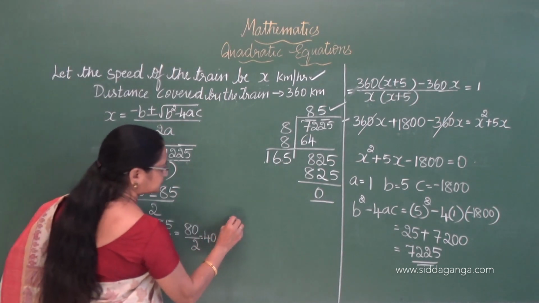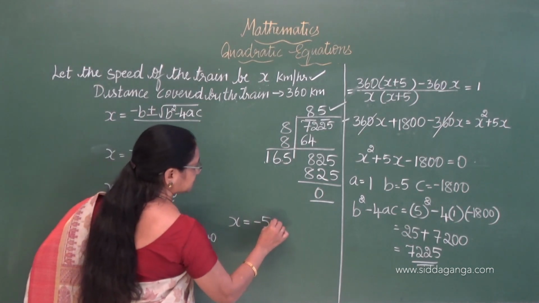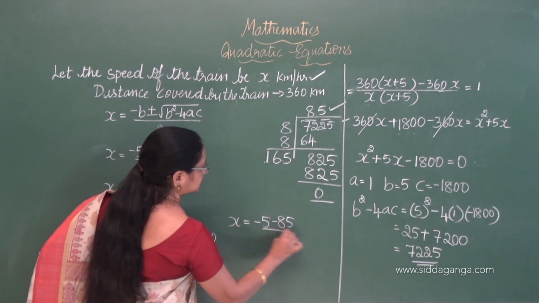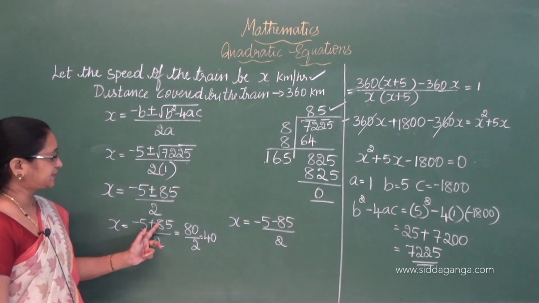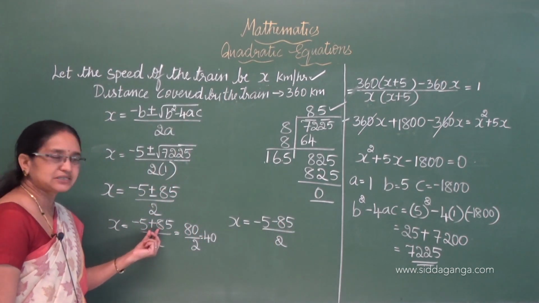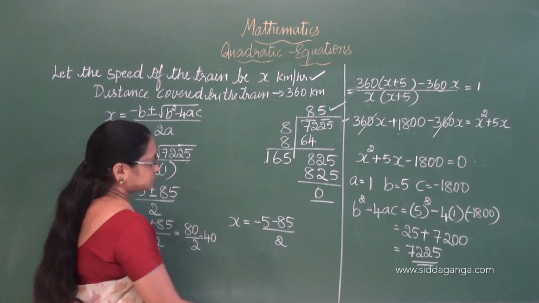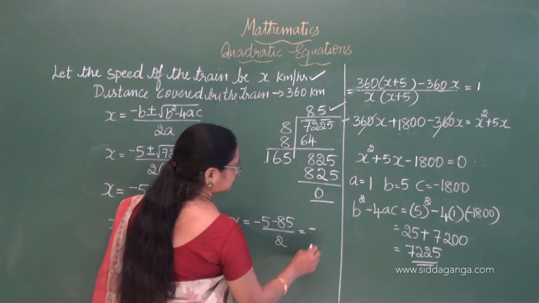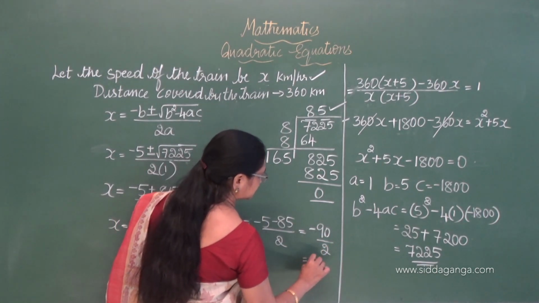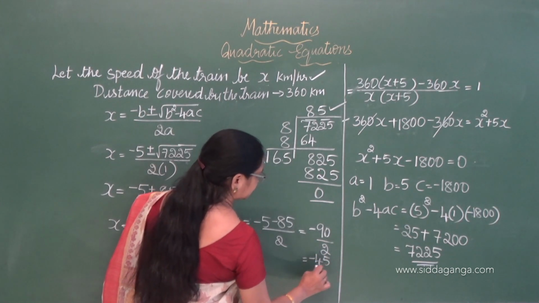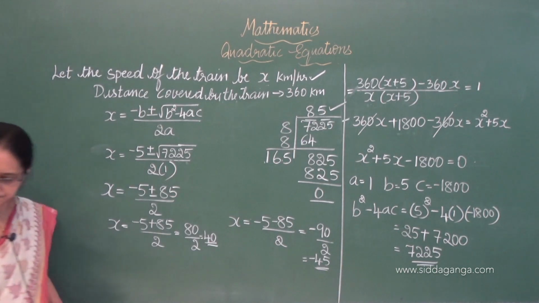Next, one more: x is equal to minus 5 minus 85 divided by 2. Once I took plus 85, now I have taken minus 85. So this will give you minus 90 by 2, that is equal to minus 45. Minus 45 and this is 40.